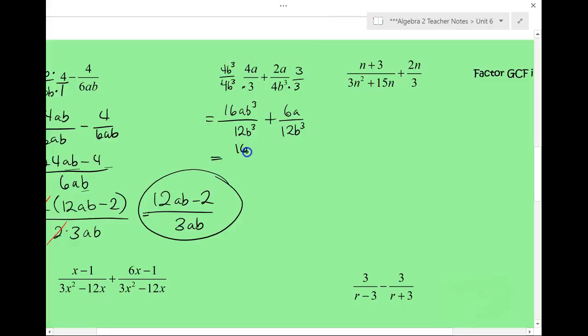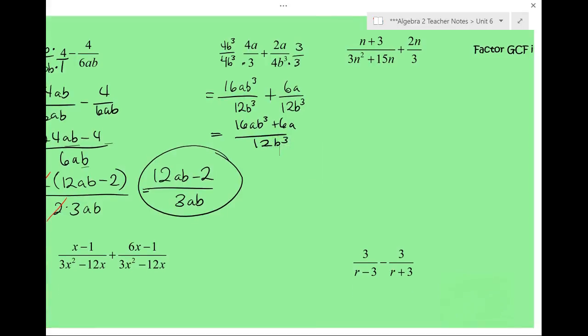So now 16ab cubed plus 6a, all over 12b cubed. And now again, factor out a greatest common factor between all the terms, not just the top or not just the bottom, but between all the terms in the whole rational. And it looks like I could take out, again, a 2. There is no common variable, so again, we can only take out a 2 here.